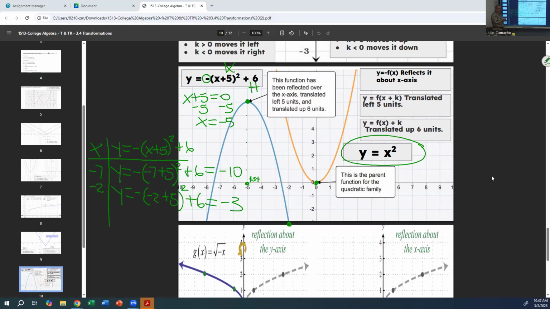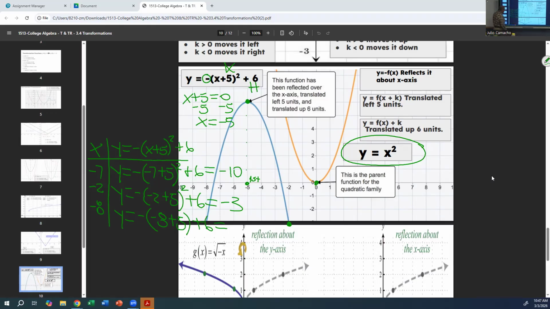Give me a number to the left now. -6? What about -8? Let me see, -8 works because it's almost the same picture as -2. So you have a negative and you have -8 plus 5 plus 6.